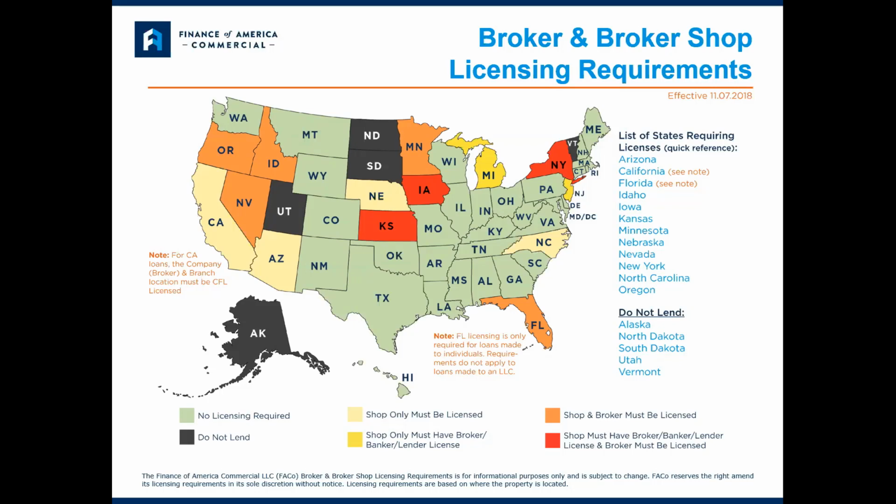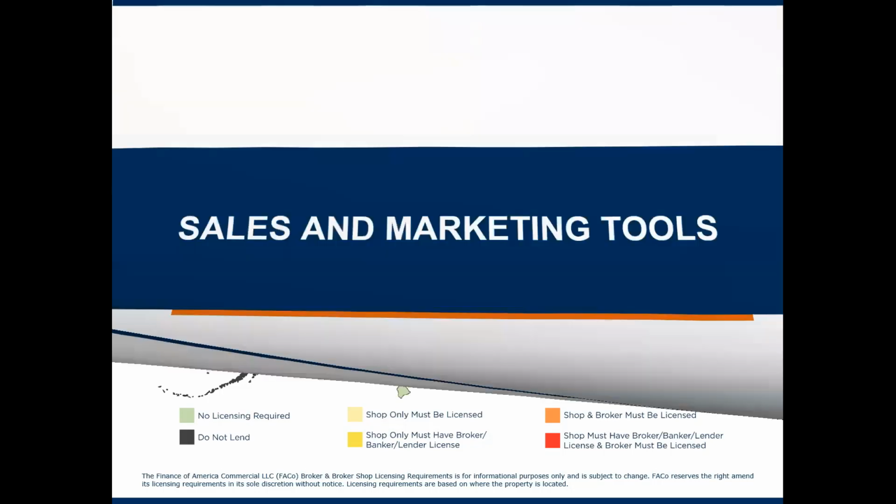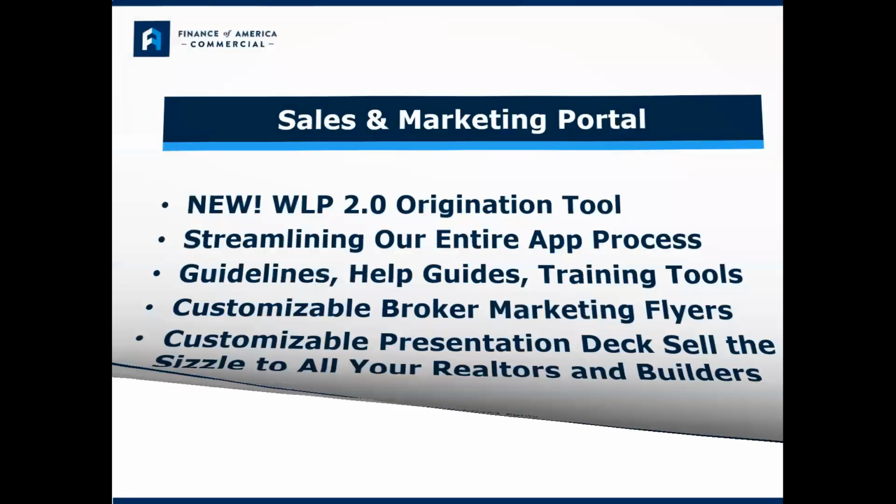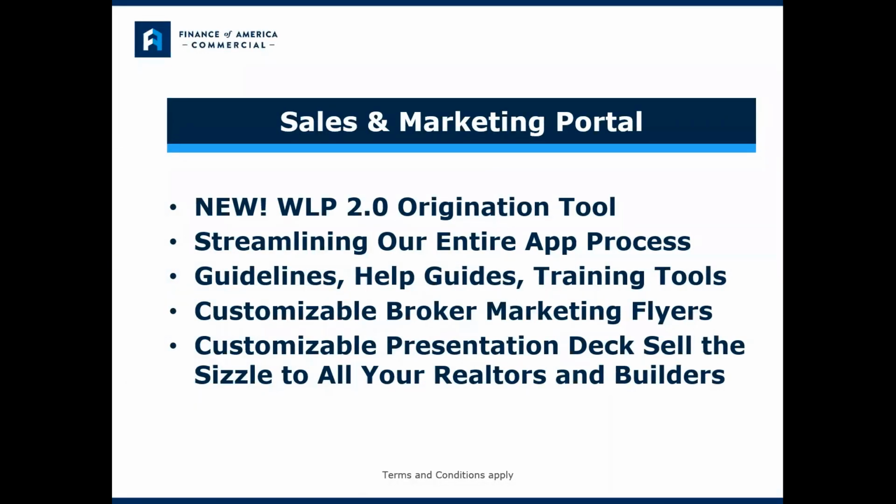Which is really cool. So let's talk about some of the sales and marketing tools, because I know we have some really cool things that they can use. And let's start with the portal, which I think is important because it makes it very simple for them to be able to work on marketing, flyers, presentations, things like that, right? Sure.